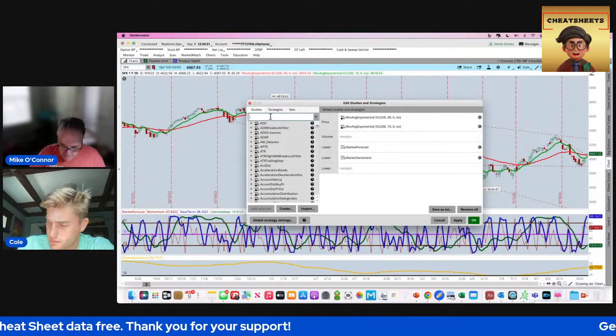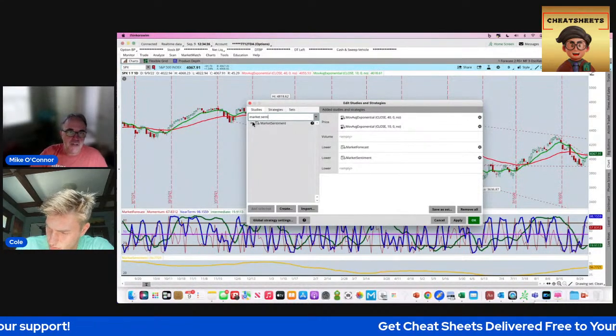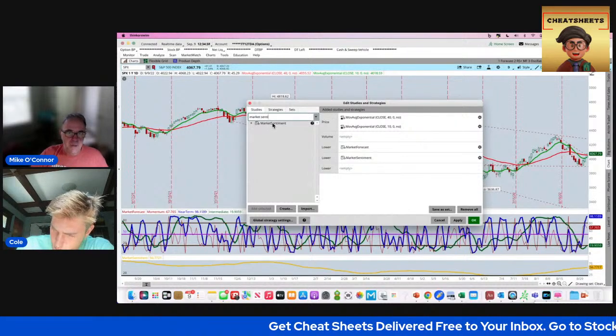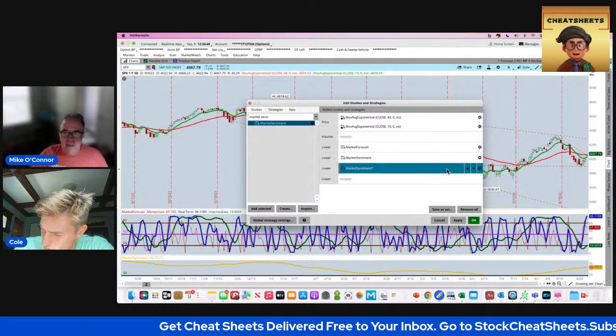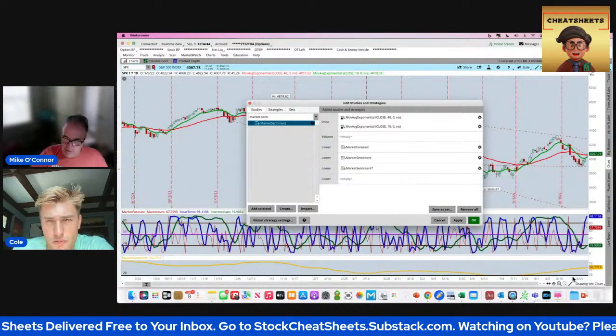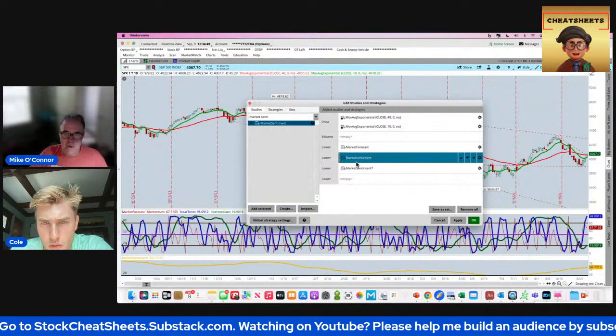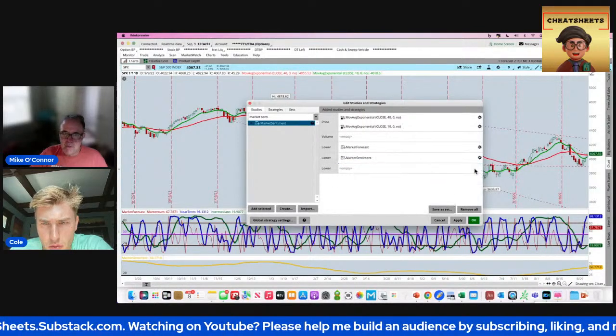First thing I'm going to do is type market sentiment. Market sentiment right here. Double click on that, and if I accept that, it'll just create another instance of market sentiment. I'm not going to do that, but it will appear on your chart right here.